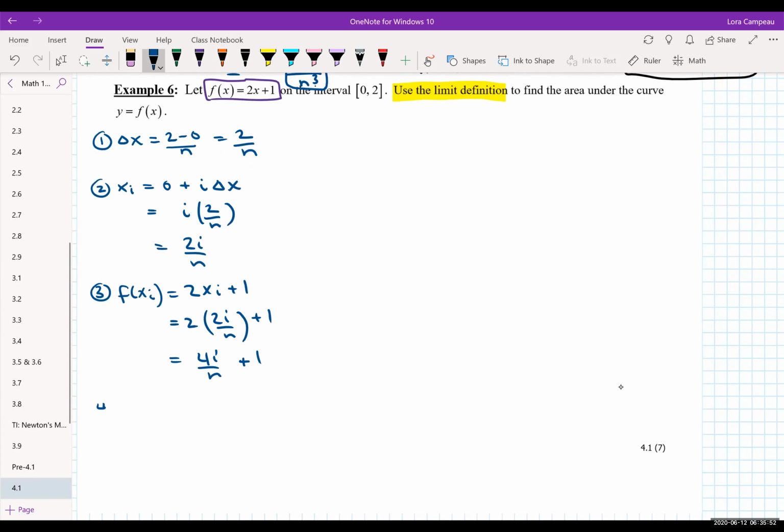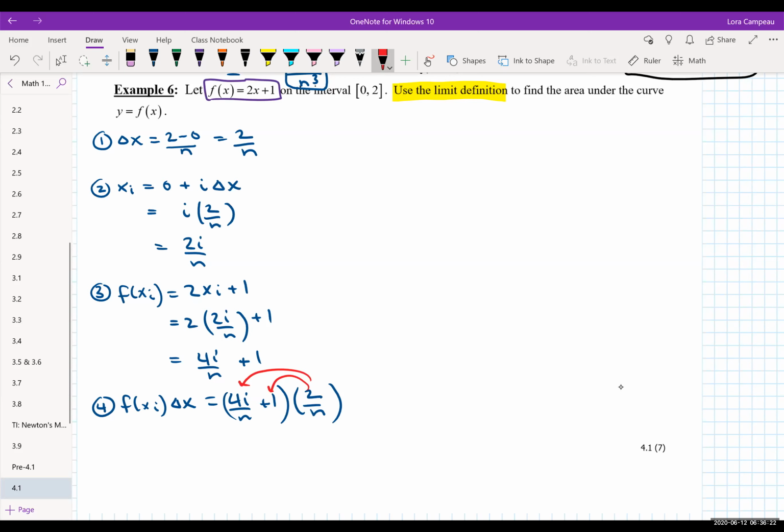Now, we're going to look at calculating f of x of i multiplied by delta x. So this is 4i over n plus 1. Now when you multiply it by delta x, remember delta x was 2 over n. So be careful. This is a binomial times a monomial, and it's to your benefit to distribute first and simplify.